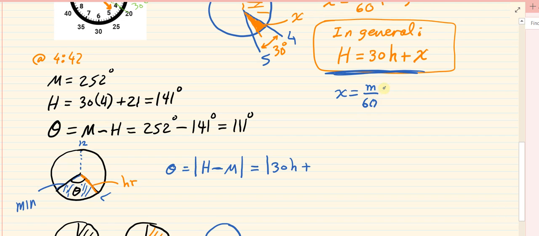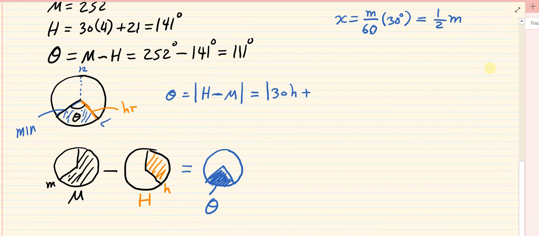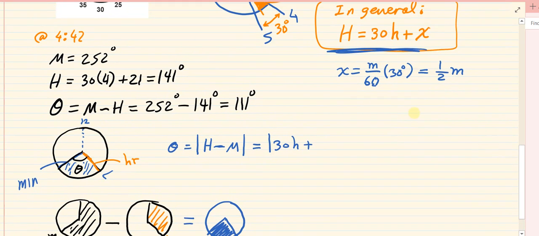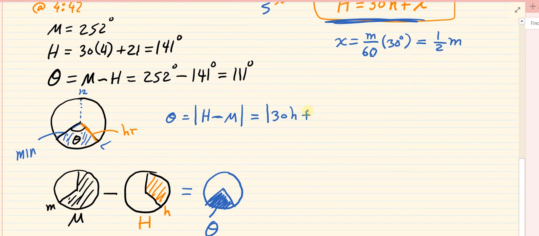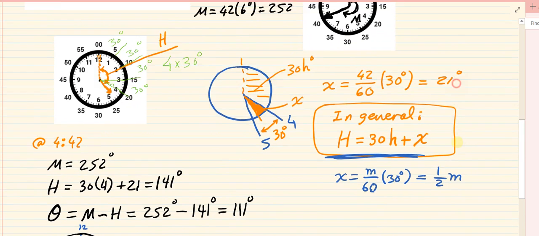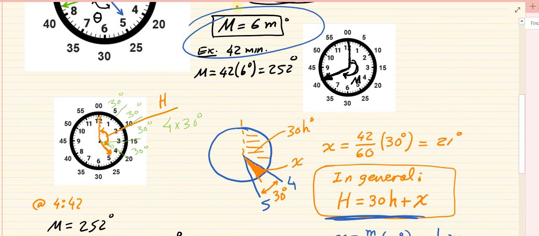This will give you the percentage of that 30 degrees that's in the 1 hour. So that's going to be 1/2 m. And I'm going to add now, so H was 30h plus x, but x is 1/2 m. Subtract big M, remember big M was 6 times little m, that's from up here, right? From up there.